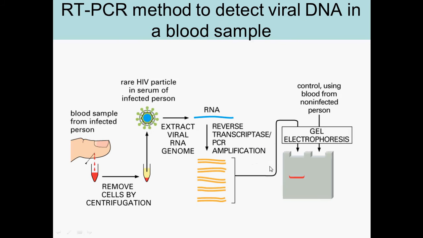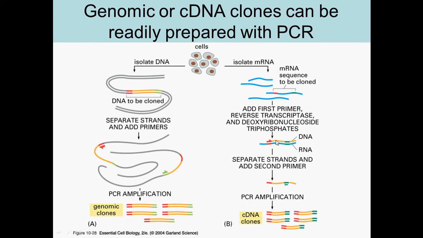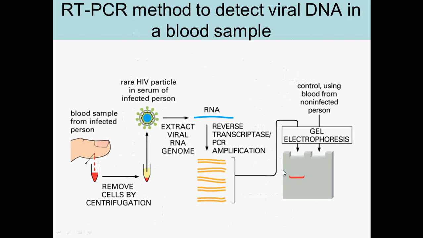So we're assuming the person has HIV, right? You put the primer, it'll anneal over here, and then you can take some cells, look for the RNA in that cell, isolate the RNA, and then you would do this whole thing.